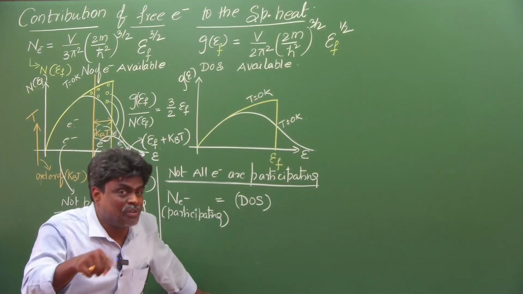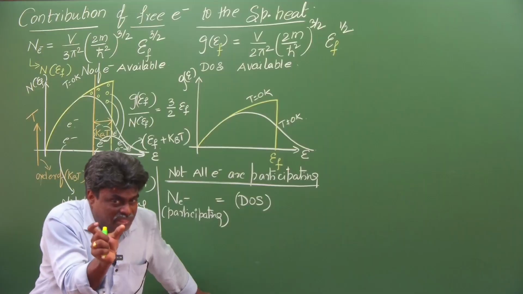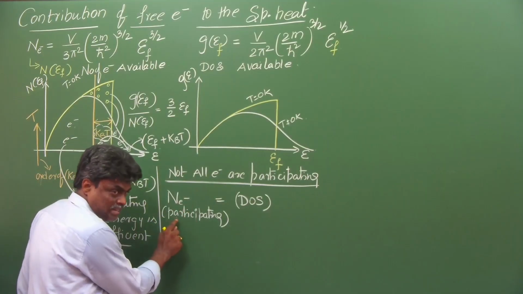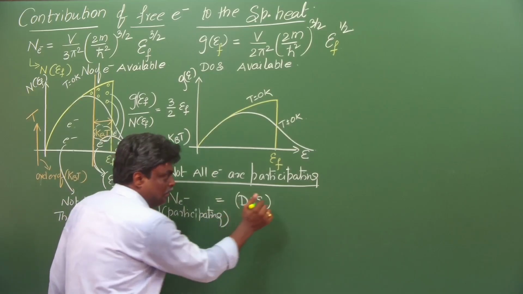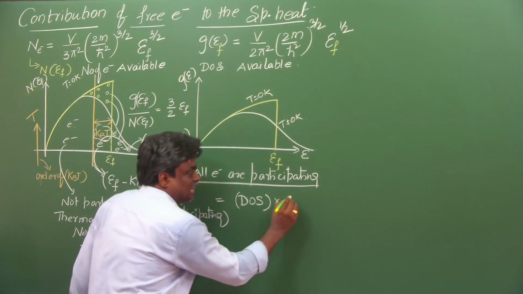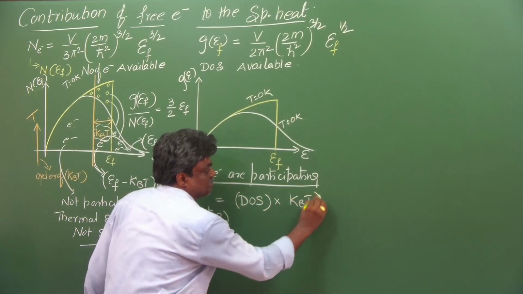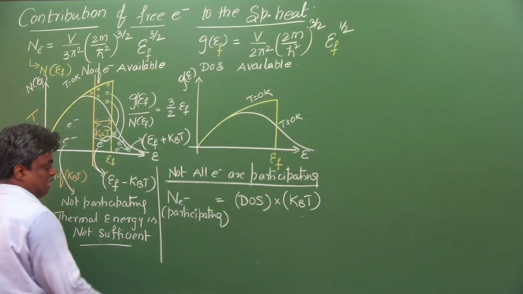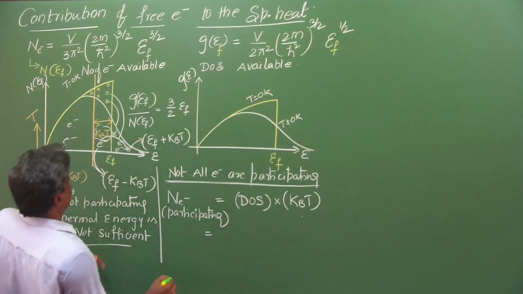You want to find the number of particles only within the energy of kBT. That's why the number of electrons participating equals the density of states into kBT. Is it clear?